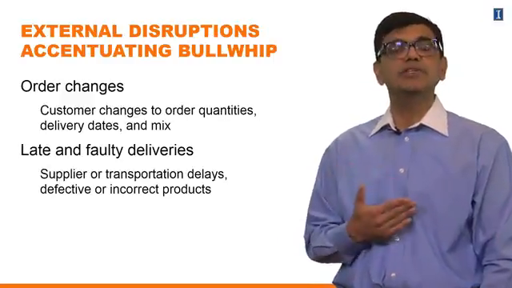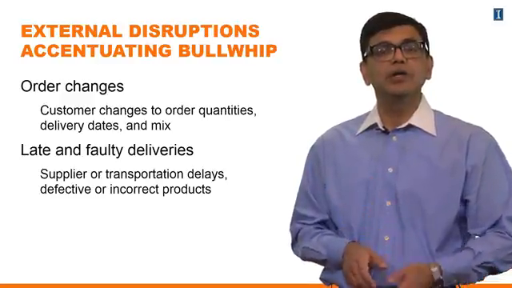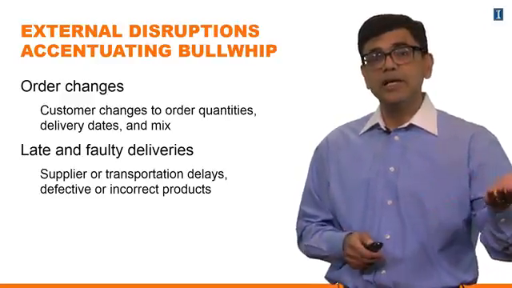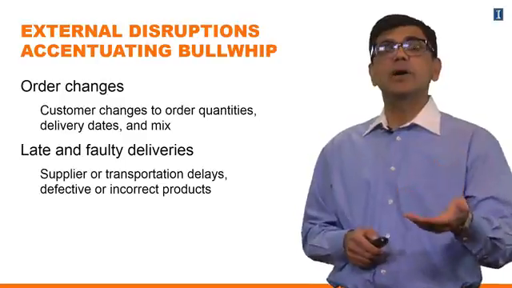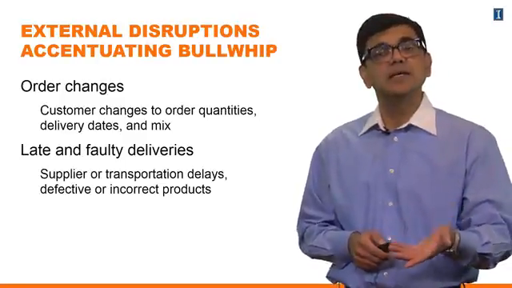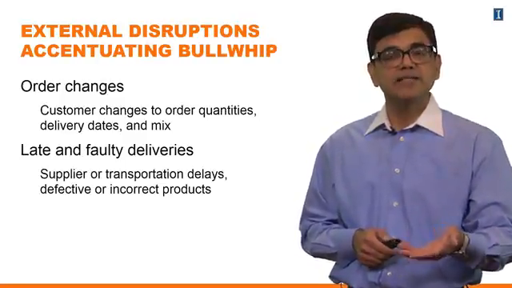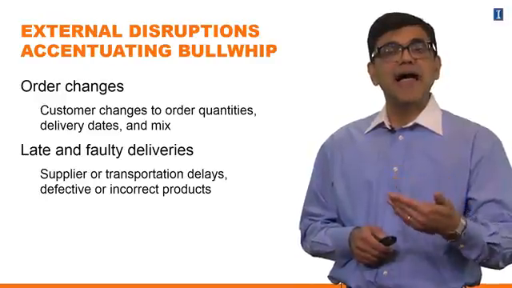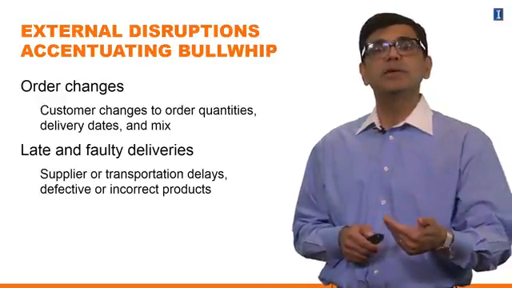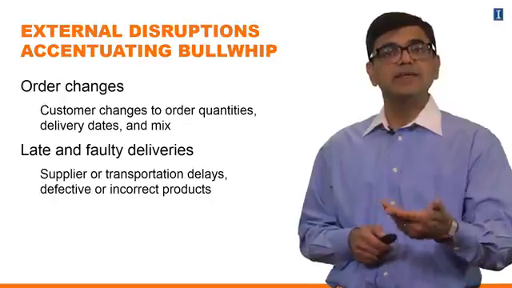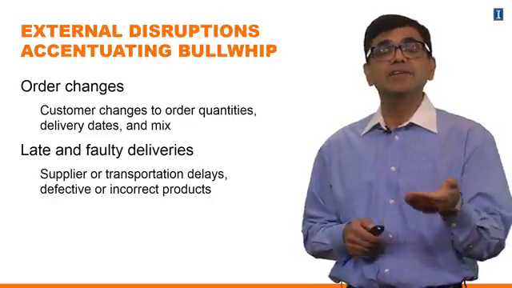There'll be added fluctuations in terms of the inventory when you have changed orders. Late deliveries, when you're talking about lead time as causing some of the bullwhip effect, you're also adding to that bullwhip effect when deliveries are not reaching in the time that they're supposed to, and if there are quality issues.